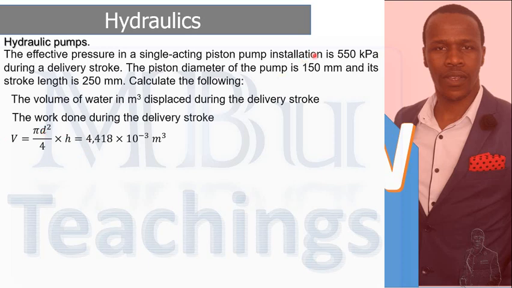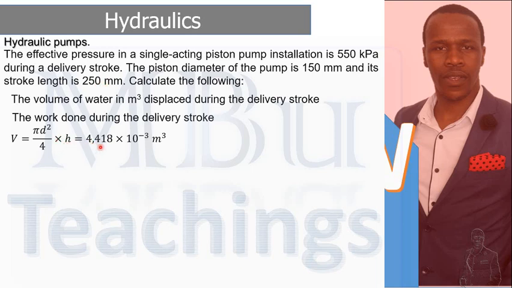pi times, now they are saying meter cubed, so that means they are telling you not to use millimeters. So in other words, we'll change those millimeters to meters. So now this will be 0.15 and this will be 0.25. So we'll have pi times 0.15 squared over 4 times 0.25.